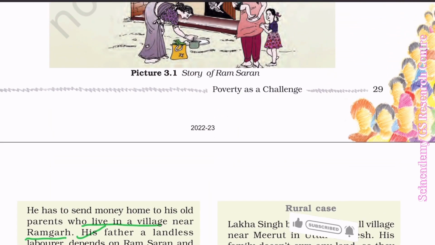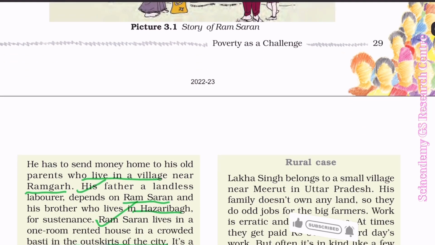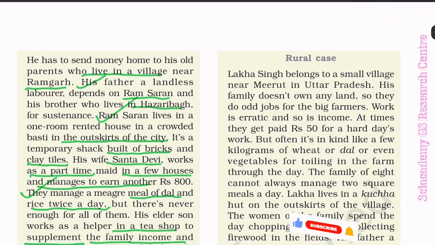Rural case. Lakhan Singh belongs to a small village near Meerut in Uttar Pradesh. His family does not own any land, so they do odd jobs for the big farmers. Work is erratic and so is income.